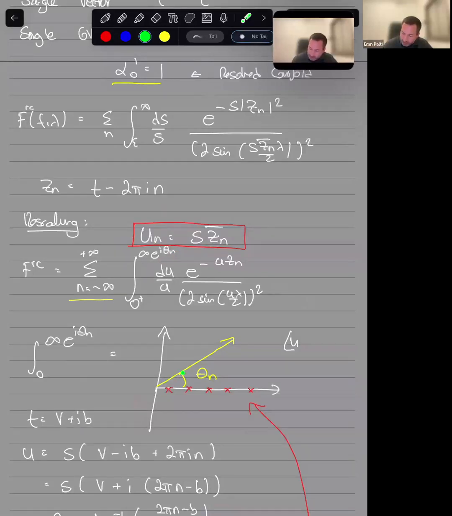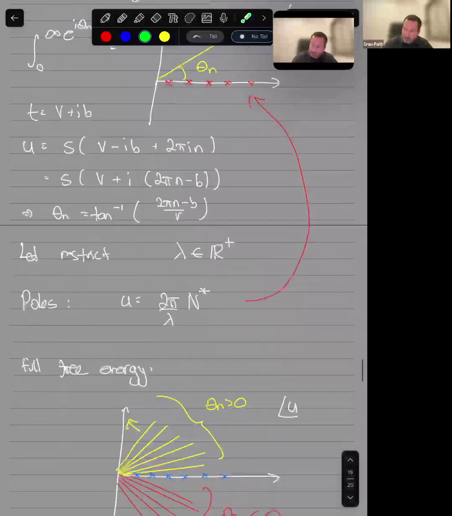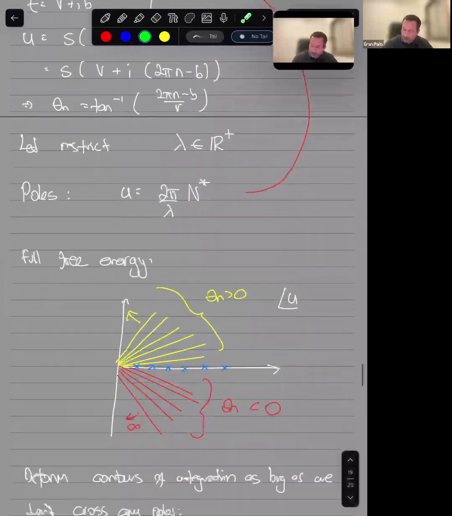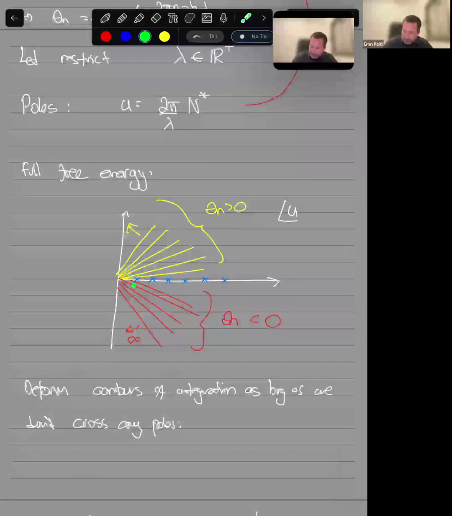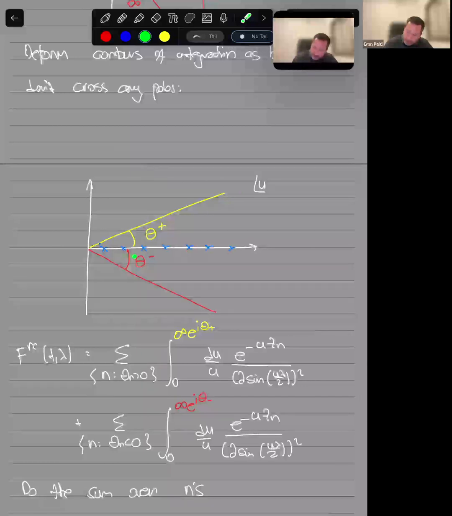So now it was some diagonal half line in the u-plane, and we have a sum over n. We have to sum an infinite number of these integrations. We could bring all the positive ones together and all the negative ones together, but we can't bring these together because there are poles along the x-axis.